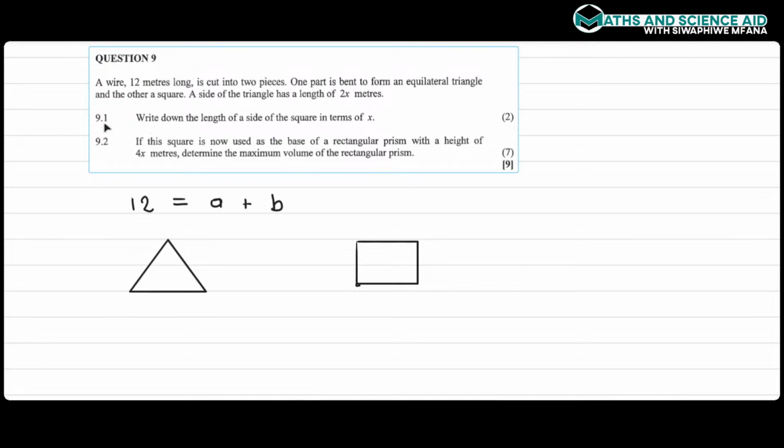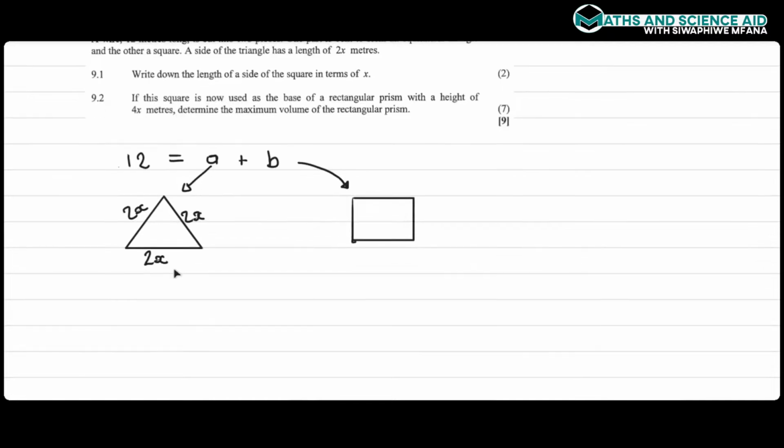They say a side of the triangle has a length of 2x. So each side here is 2x, and that's also going to be 2x, and that's also going to be 2x, because this triangle is equilateral. All the sides are equal, and that's actually good for us. Now they say write down the length of a side of the square in terms of x. We're using A to form the triangle and B to form the square.